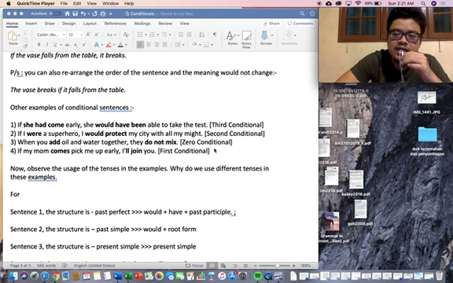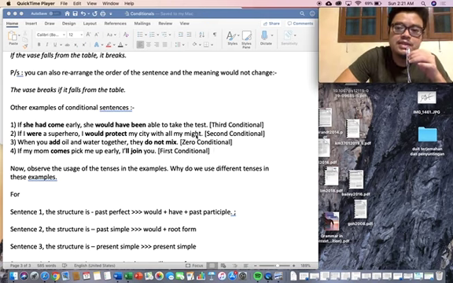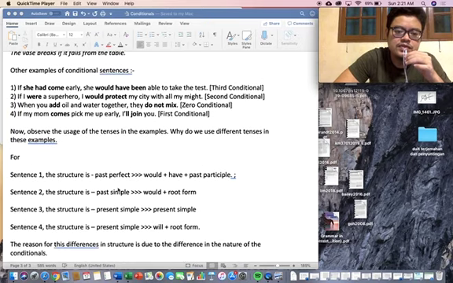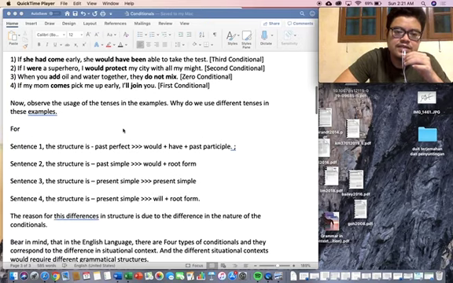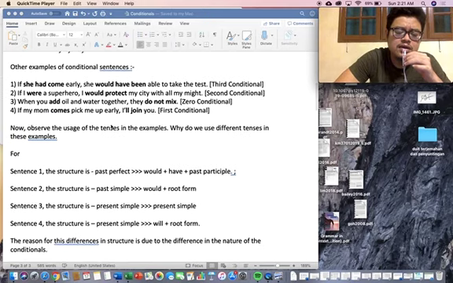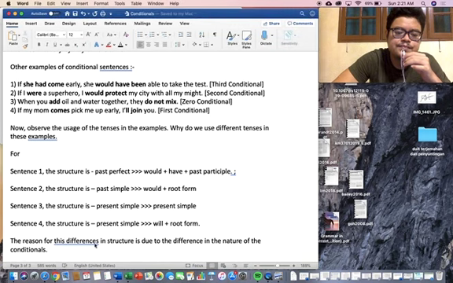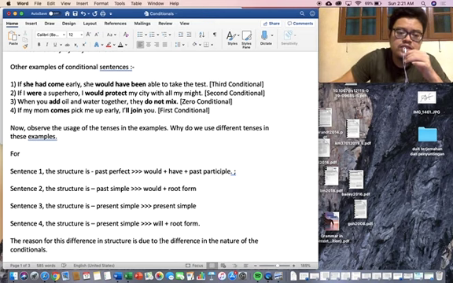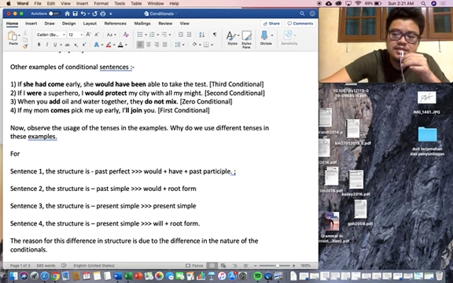Here I've already labeled it. These are the structures. What you have to understand is when to use which conditional, and for each of these circumstances, which category it falls under.